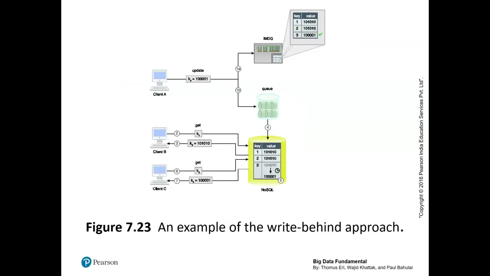And some examples of the write-behind approach: how we do the write-behind approach while storing and retrieving the data. We use the get operation, or sometimes the update operation, and sometimes we ask it to queue, so that the previous operation is done before the new operation.